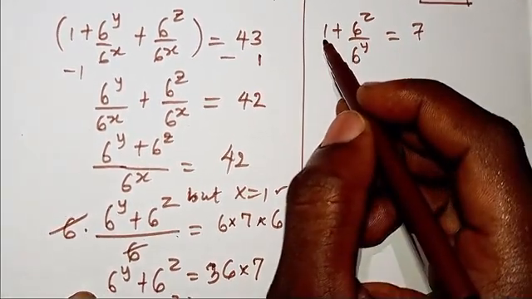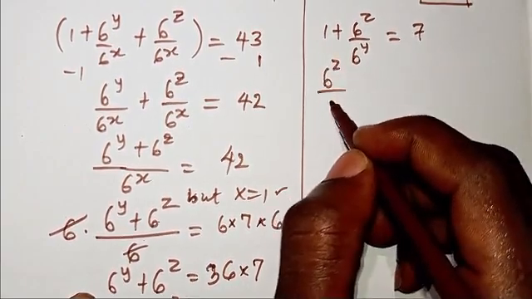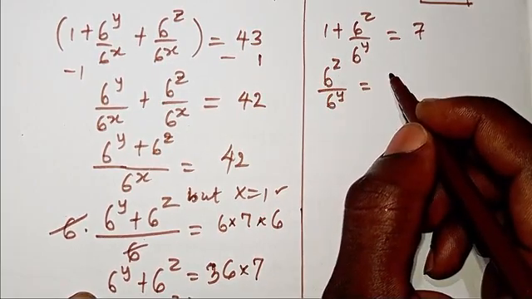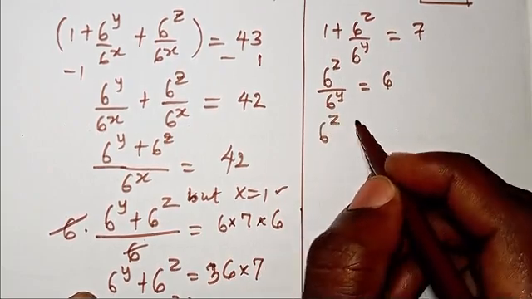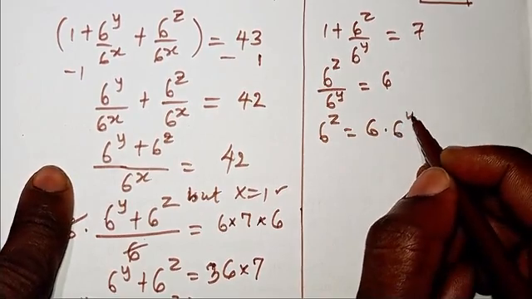So now we take this one to the other side. We have 6 to power z over 6 to power y equals 7 minus 1, which is 6.